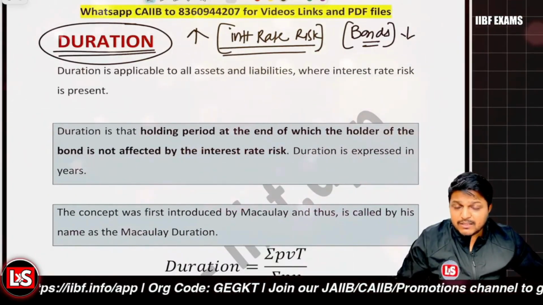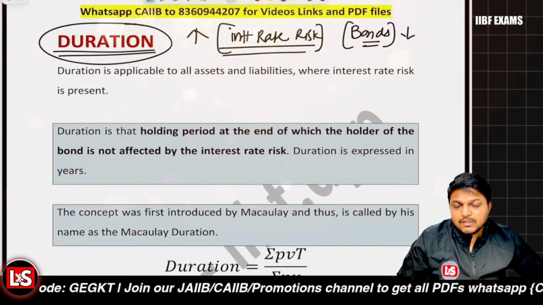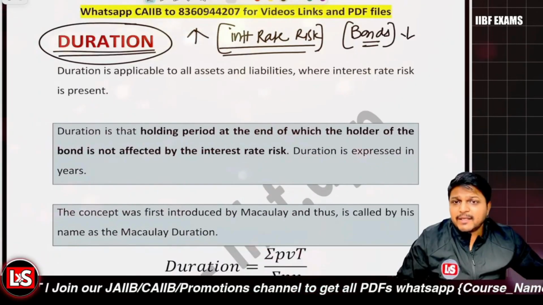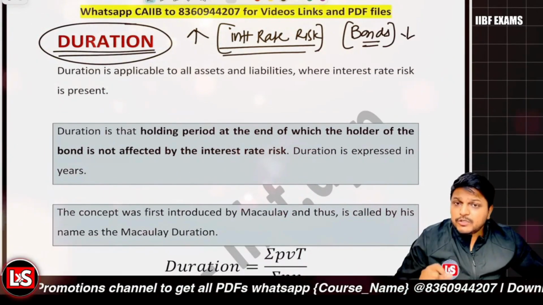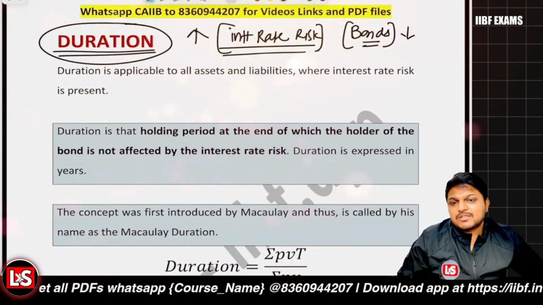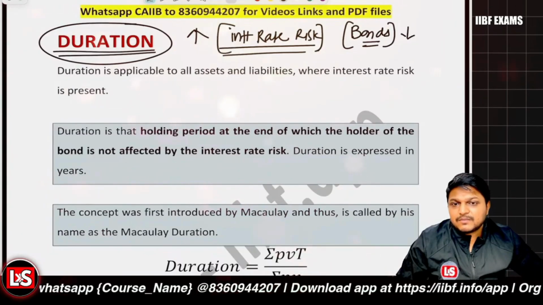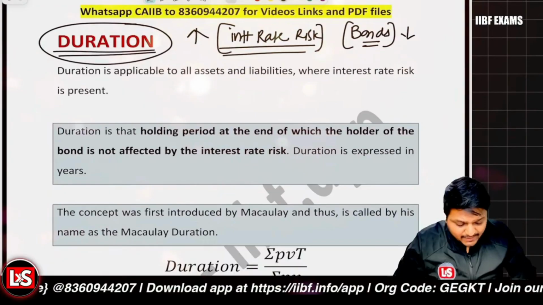That's what duration is about. Because I already told you that there is an inverse relationship between the bond price and the interest rates, the duration tells the sensitivity of the bond price to interest rate changes, right?